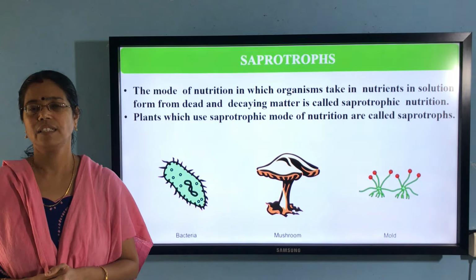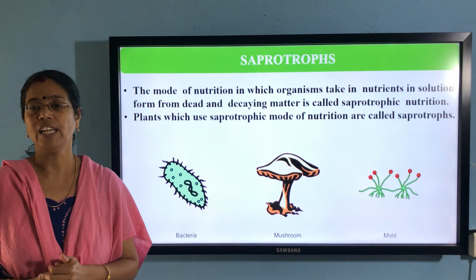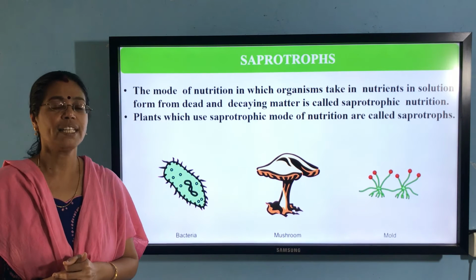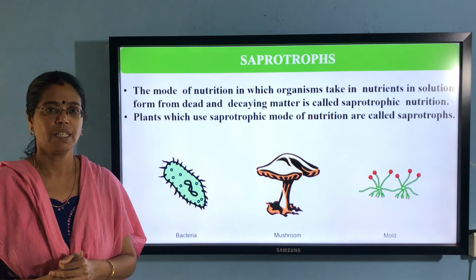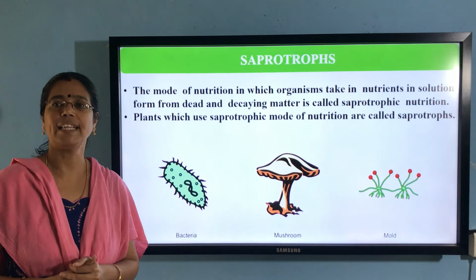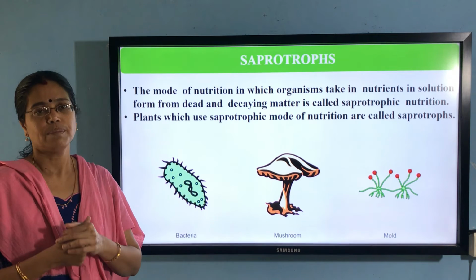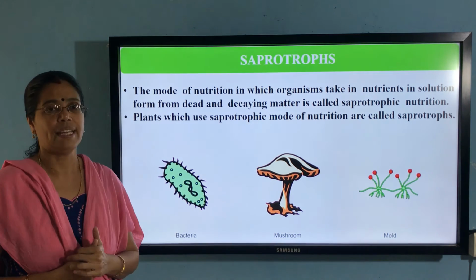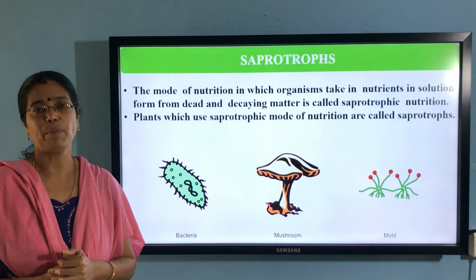During the rainy season, you might have seen an umbrella-like structure growing on rotten trees and some dead and decaying matter. That is nothing but a type of fungi called mushroom. These mushrooms grow on the dead and decaying matter and take the nutrients from it. Here sapro means rotten, or you can say dead and decaying matter.